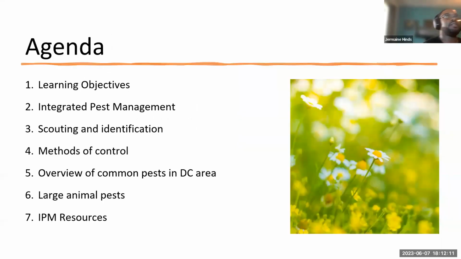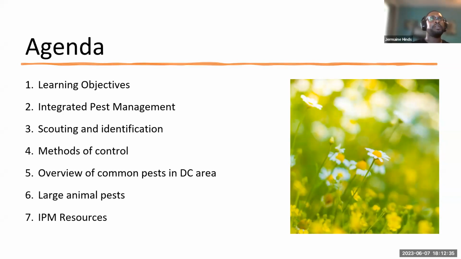All right, so just to go over a couple of quick agenda items. First, I'll talk a little bit about some of the learning objectives. Then over the course of today's class, we'll talk about integrated pest management and the different components that make it up. We'll talk about scouting and identification, so how to find and identify pests, and also methods of control.